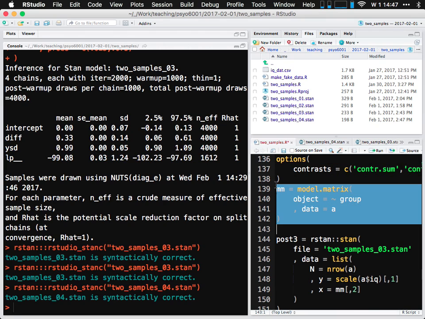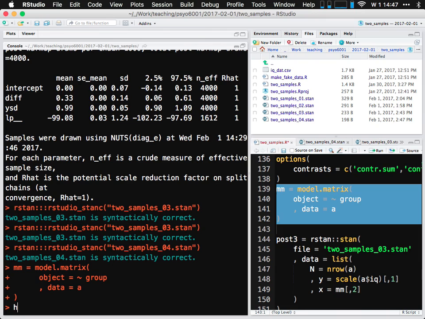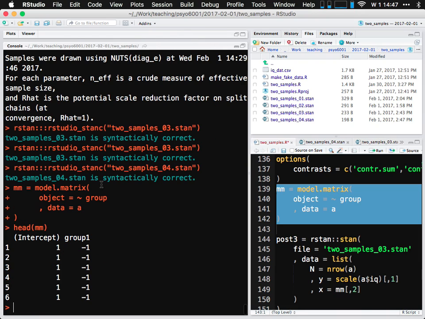So if you remember, we created this model matrix, and I'll take a look at the head of it. It's got 2 columns, one that's intercept, that's all ones, and one that's called group, that's -1 when it's one group, and +1 when it's the other group. So they're both indicator variables. This one is what you multiply by the second element in coef to get from the intercept to the relevant group.